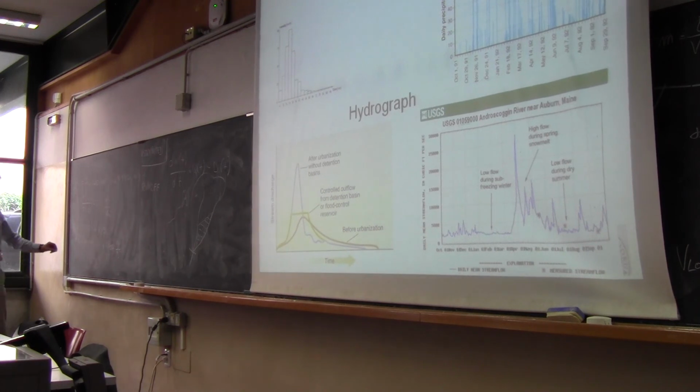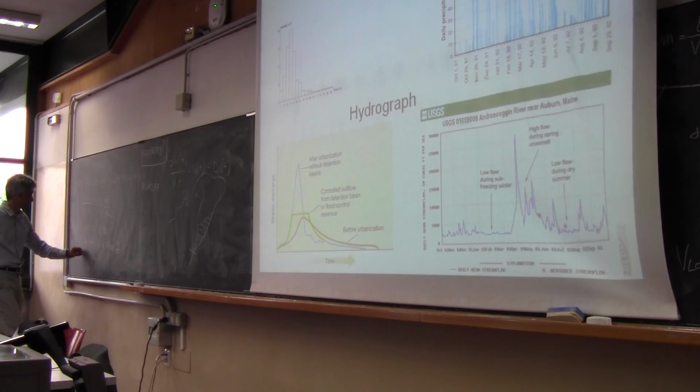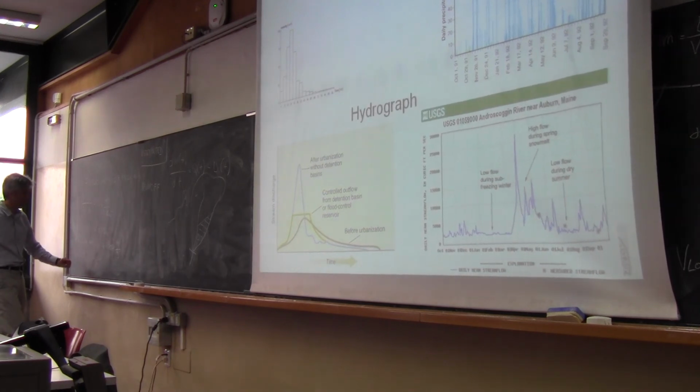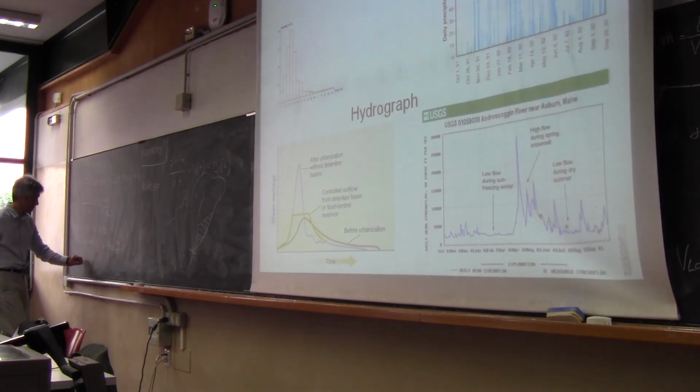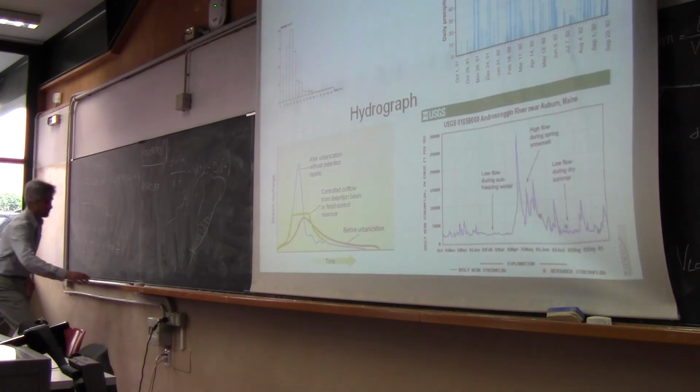So if I compute lowercase q, this is 1,200 divided by 800. Sorry, I made a mistake here.